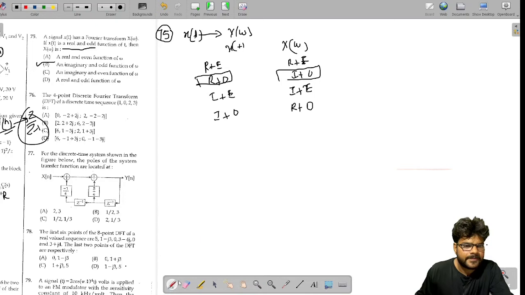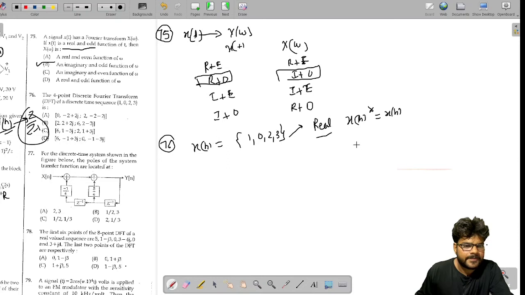So let's go to question number 76. The 4-point discrete Fourier transform (DFT) of a discrete time sequence xn. So xn is a discrete time sequence given as 1, 0, 2 and 3, and we can observe this is a real sequence. If this is real, then we know xn conjugate will be xn only.